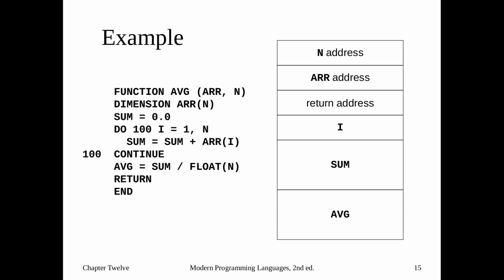Sum and average are both floating point values, so their boxes, their slice of memory, if you will, are going to be much larger than I, which is simply an integer, as to be expected. And so this entire thing is our basic activation record for this function.